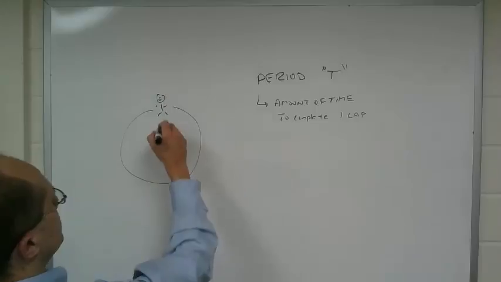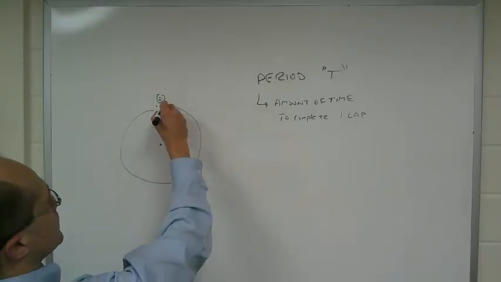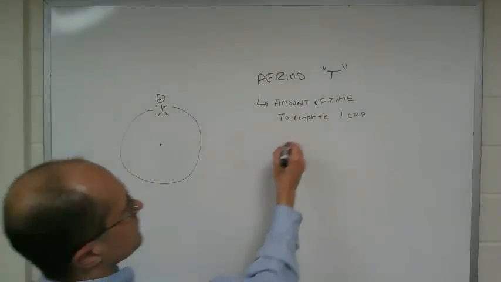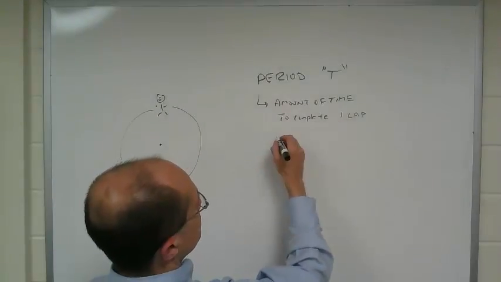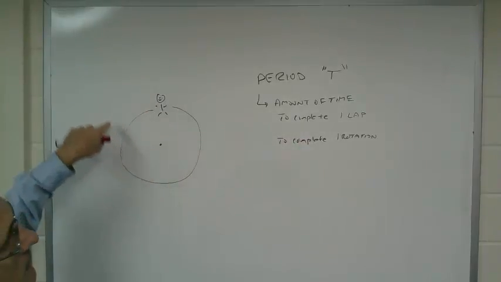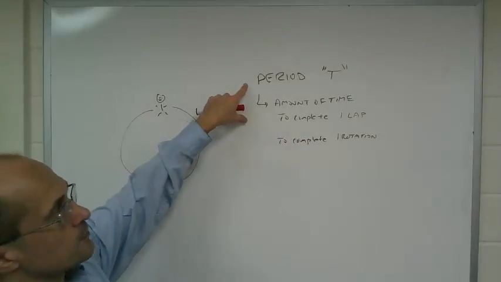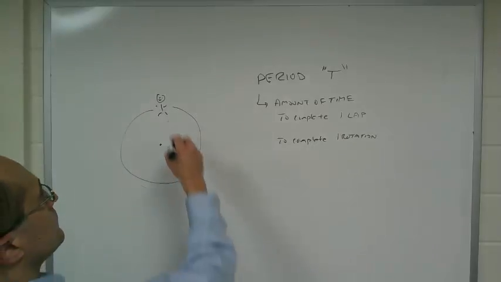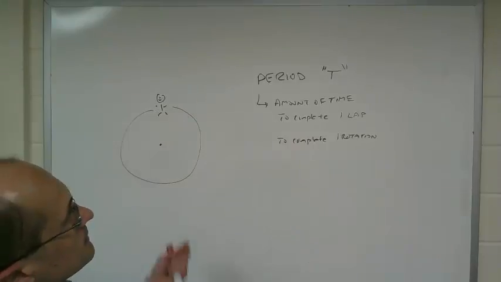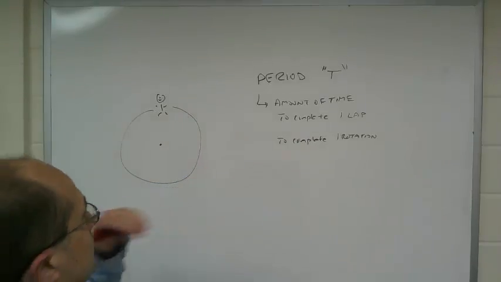If you were standing on a merry-go-round, and it rotates around one time and you're back to where you started, the period is the amount of time to complete a rotation. The faster we rotate, the smaller the period. If we complete a rotation in half a second, that's our period, half a second.